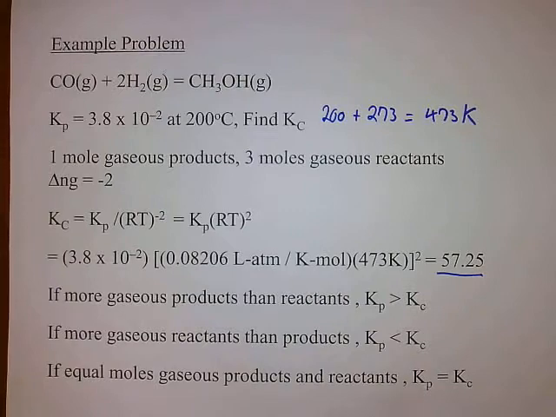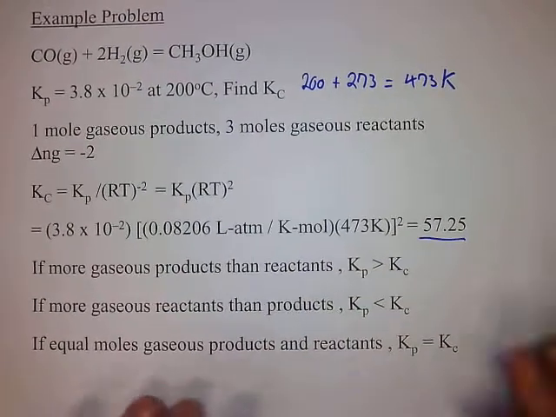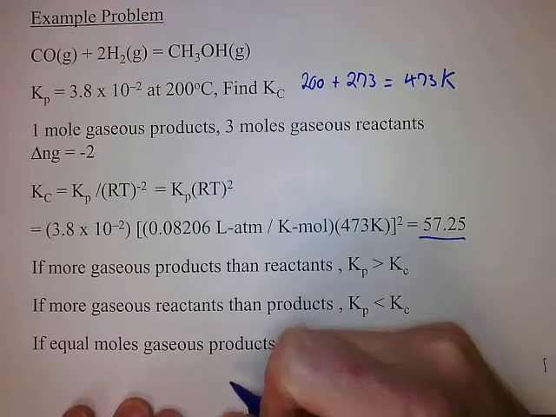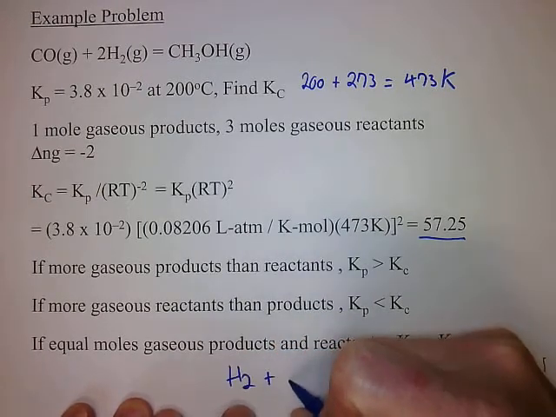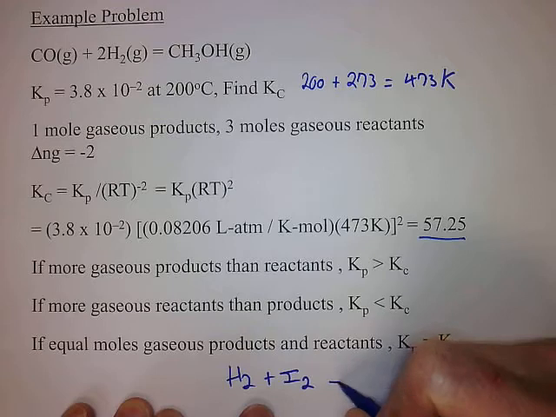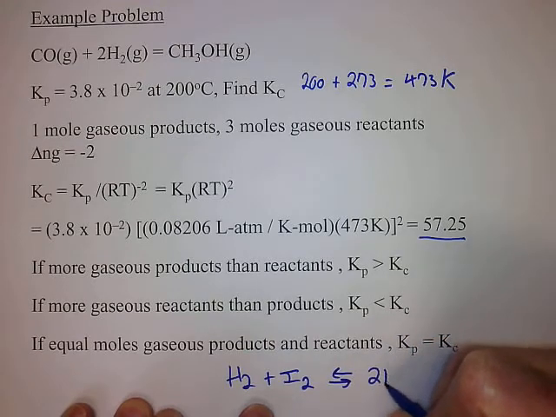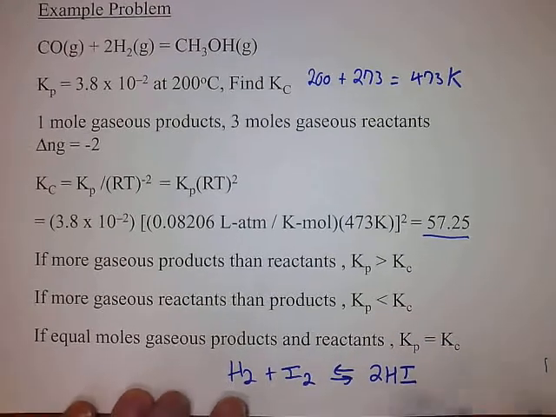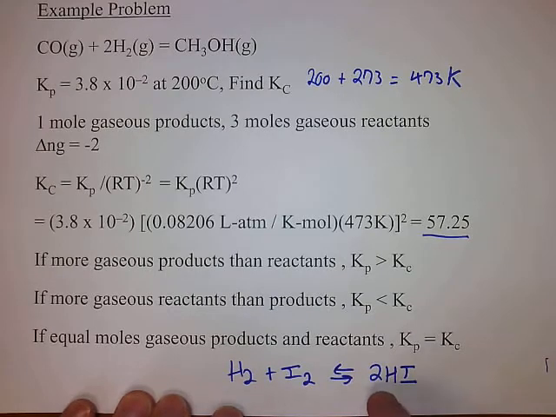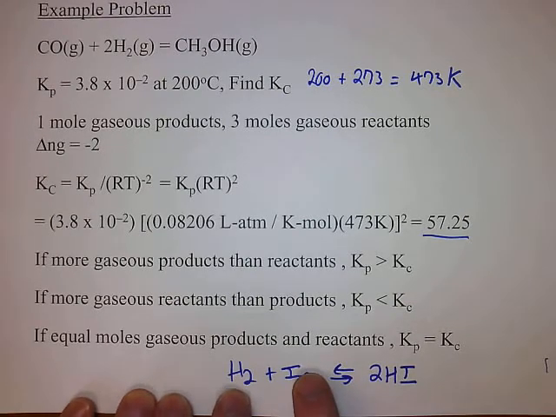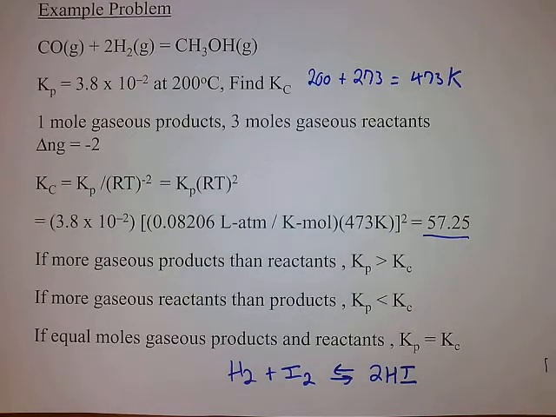So Kc is equal to Kp. So let's say we had a reaction like this, H2 plus I2 makes 2HI. Let's assume all of them are gases. If we have 2 moles of gas here and 2 moles of gas here, delta Ng is 0, and Kp would equal Kc. Okay, we will stop here for the first part.